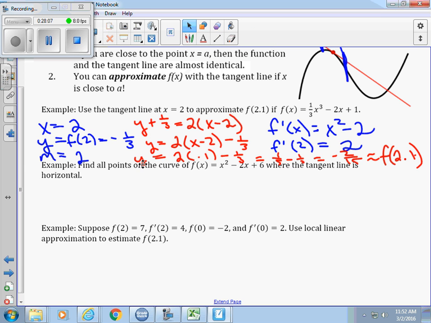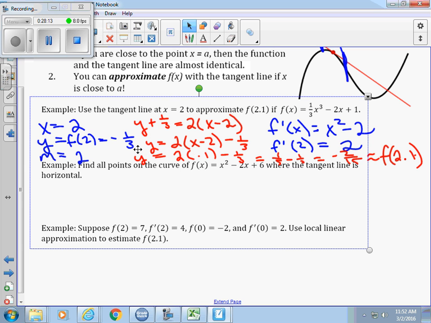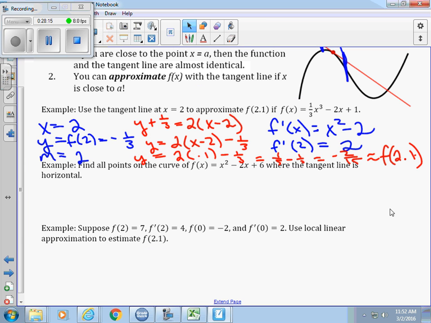Okay, let's look at the next one. Find all points on the curve where the tangent line is horizontal. That says x squared minus 2x plus 6. How am I going to find that?